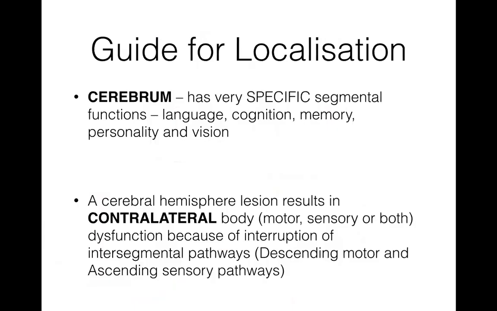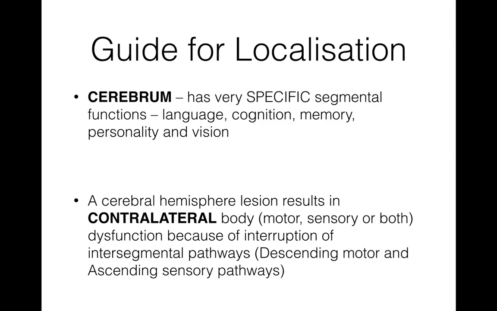It is said here that a cerebral hemisphere lesion results in a contralateral body dysfunction because of the interruption of intersegmental pathways. To make it simple, if a lesion affects a supratentorial structure, particularly the cerebral cortex, the manifestation is contralateral to the site of the lesion.